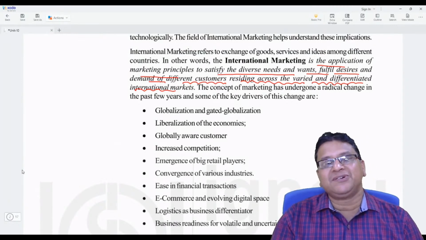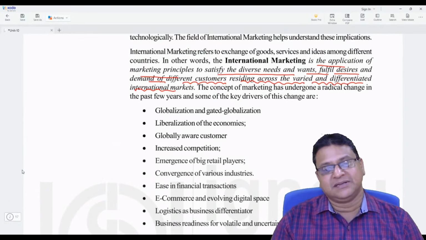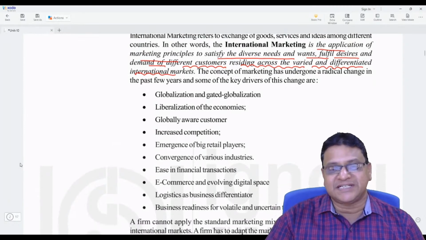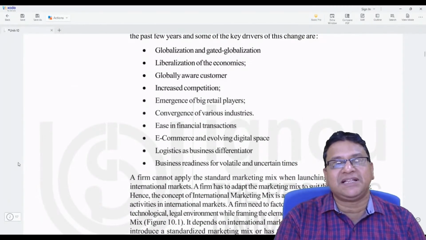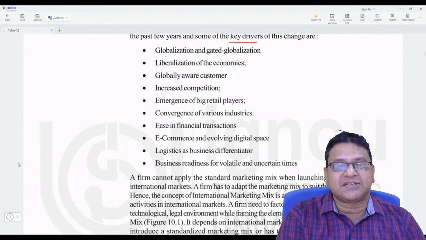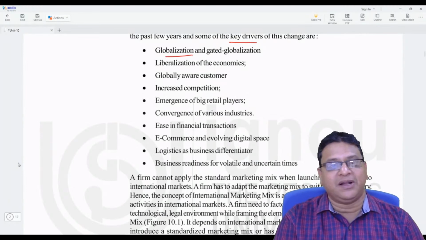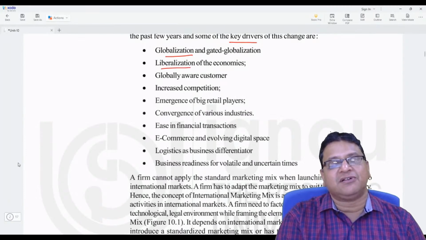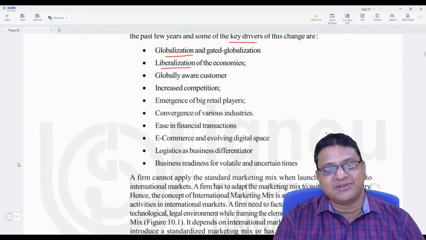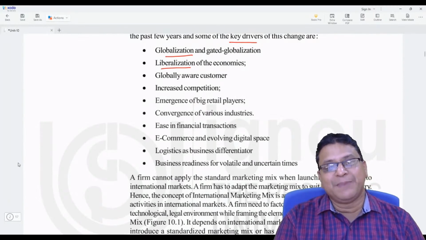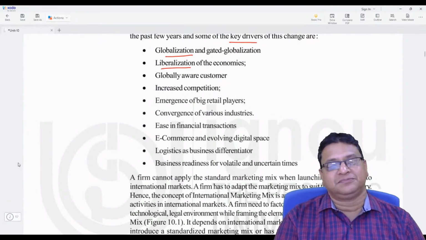Now, why has international marketing gained importance? International marketing has gained importance because of the following reasons. These are the drivers for international marketing. One is globalization. We live in a globalized world. The entire world is one village. With liberalization, the rules and regulations of international business are liberalized and made simple. More and more economies are opened up.